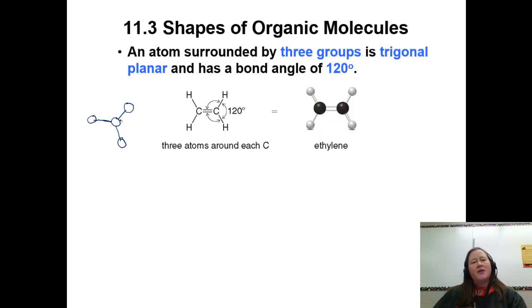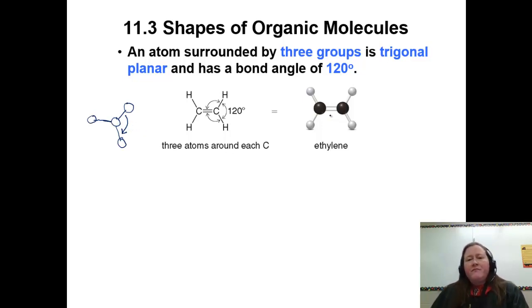If you could imagine this structure in which all of these are sitting flat on a table or up against the whiteboard, they would all be sitting flat in the same plane, and this bond angle between these three atoms here is 120 degrees.